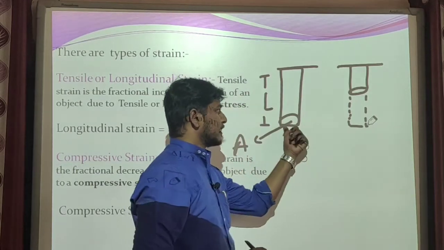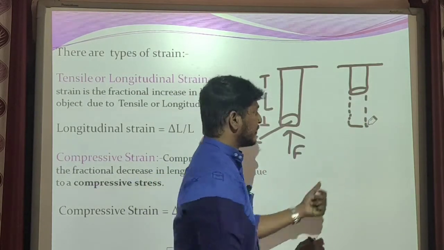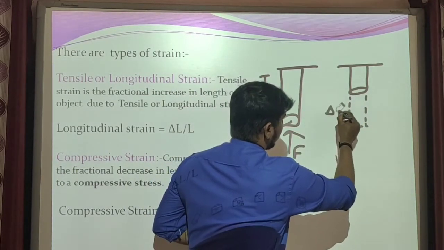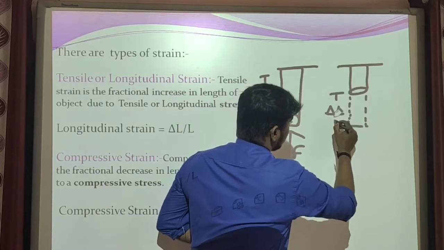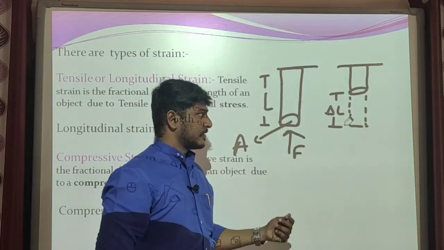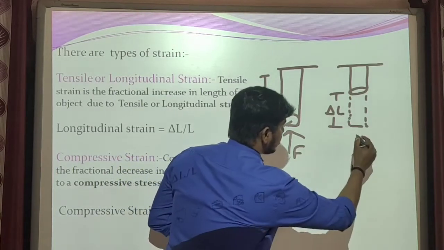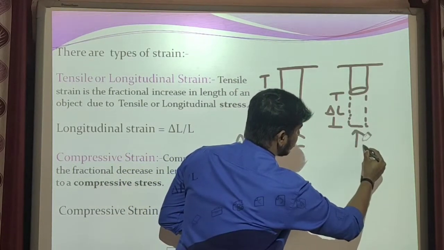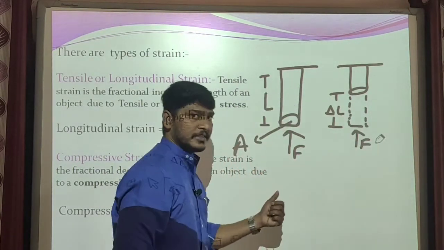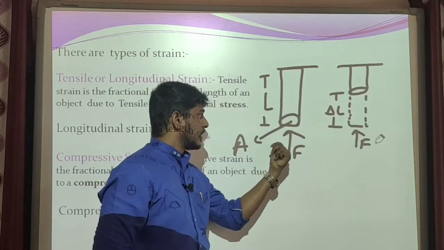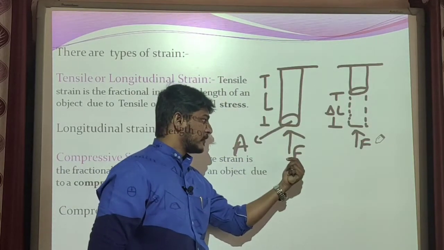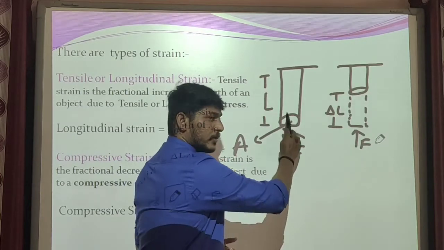Here you can see that delta L is the change in length, and this is the amount of force applied. Here we have taken one object with initial length L, and then we have applied force in the upward direction.